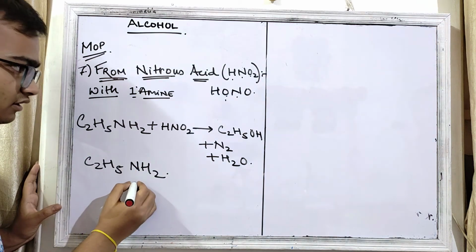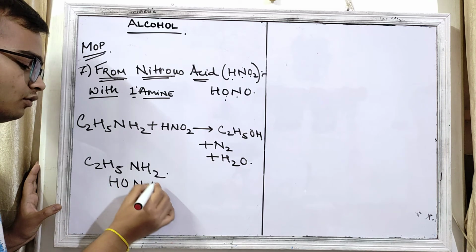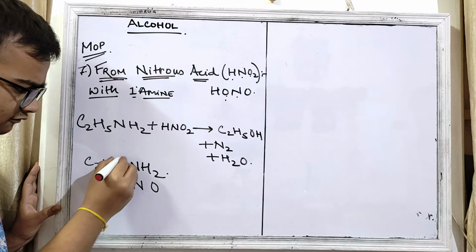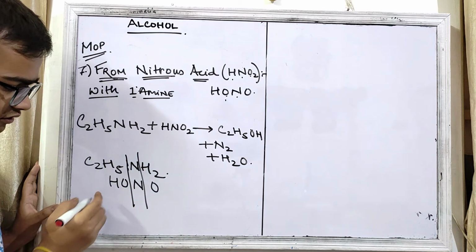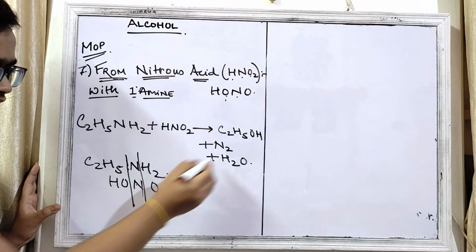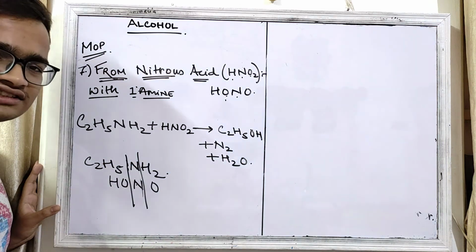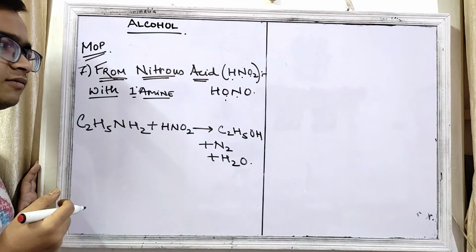So if that is the case, it will be HONO. Now see, if you do like this, you are getting C2H5OH, N2, H2O. So this is just a trick for remembering the entire process or the outcomes of this reaction.